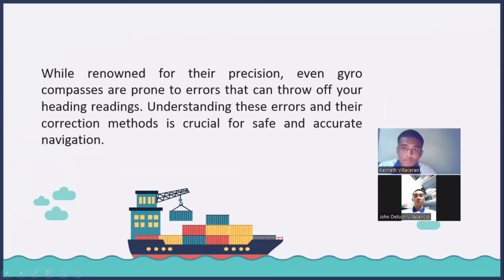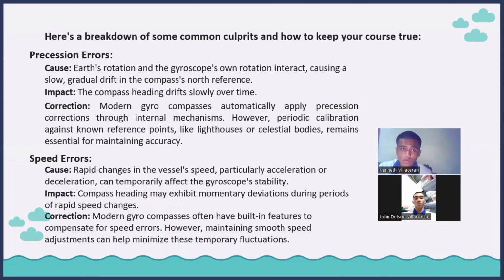So, errors of gyro compass and corrections. While renowned for their precision, even gyro compasses are prone to errors that can throw off your heading readings. Understanding these errors and correction methods is crucial for safe and accurate navigation. Here's a breakdown of some common culprits and how to keep your course true. Precession error.